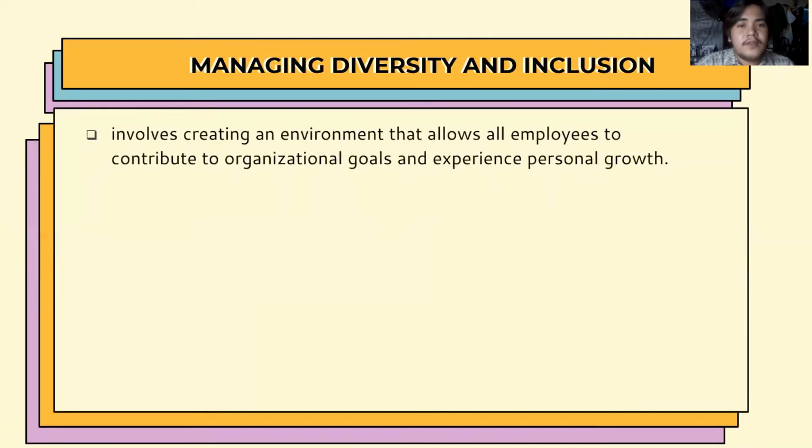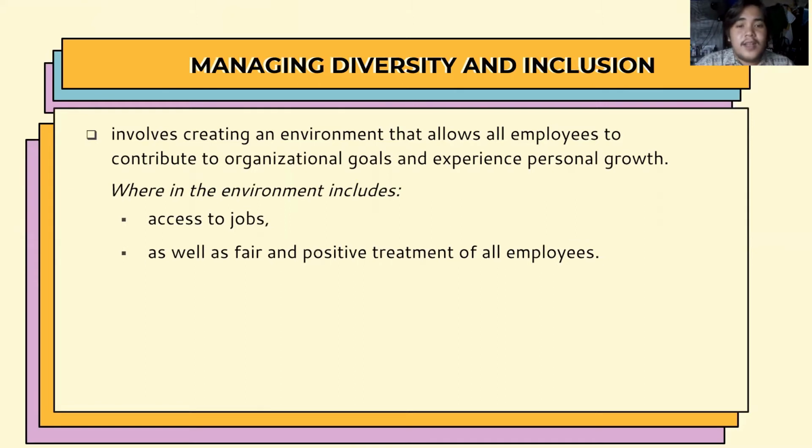It involves creating an environment that allows all employees to contribute to organizational goals and experience personal growth, wherein the environment includes, first, access to jobs, and second, fair and positive treatment of all employees. I believe the company must develop employees who are comfortable working with people from a wide variety of ethnic, racial, and religious backgrounds.